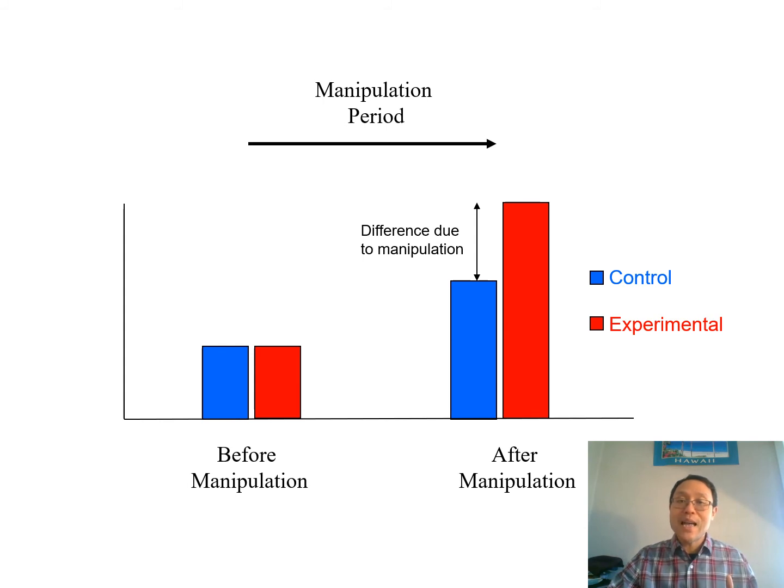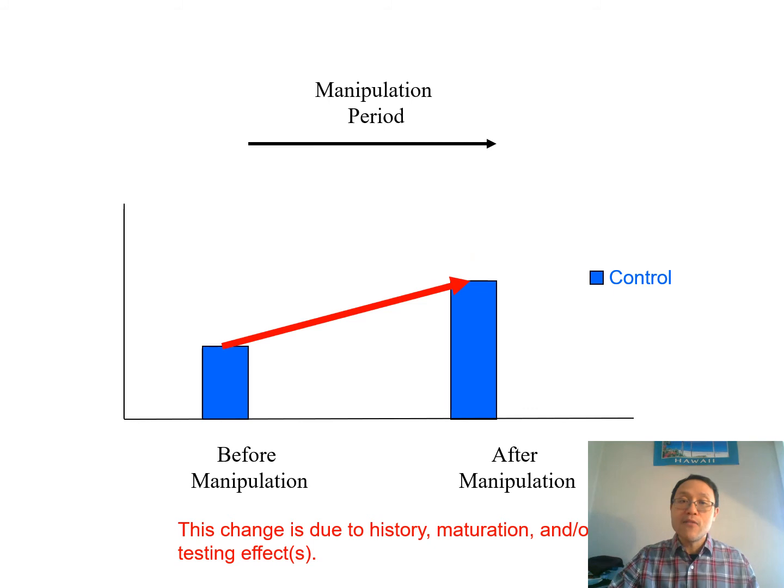You can say that this is the difference between the control group and experimental group after the manipulation, right? This means that there is a significant effect of whatever manipulation you are trying to do. But when you look at the control group before manipulation and after manipulation, you can see there is a significant increase here.